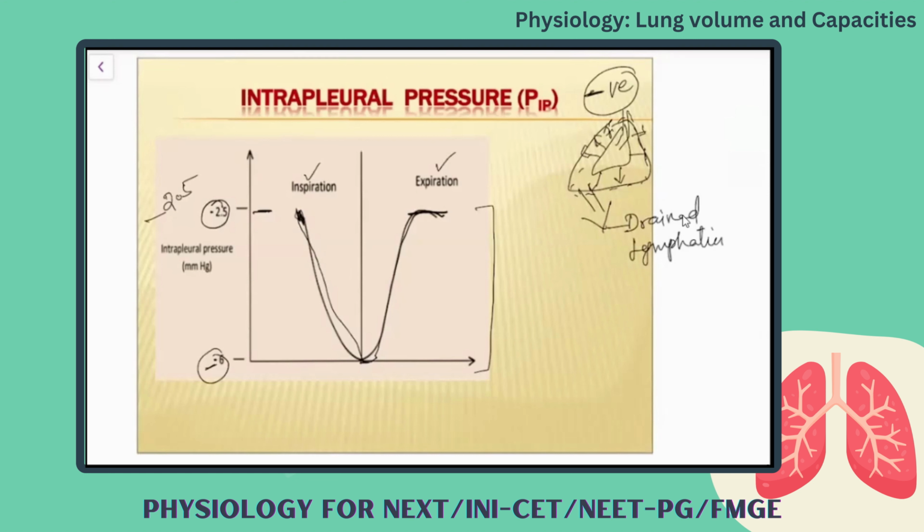It has to be drained. The lymphatics present over here drain the intrapleural fluid, so that exerts a negative pressure, which makes the pressure value always maintained in the negative. That is the basis behind the negativity of the intrapleural pressure.